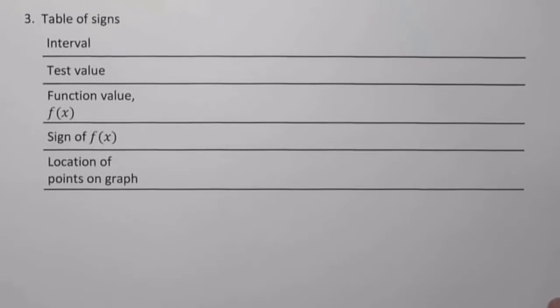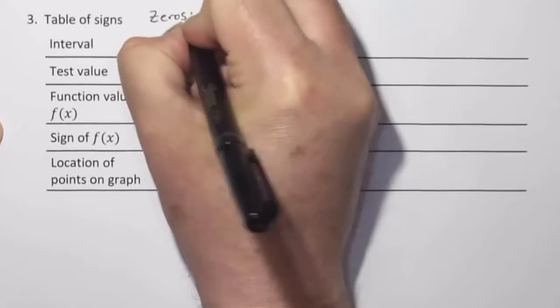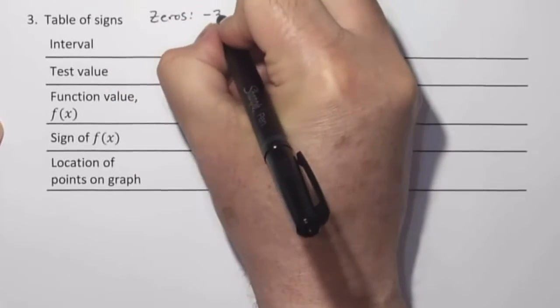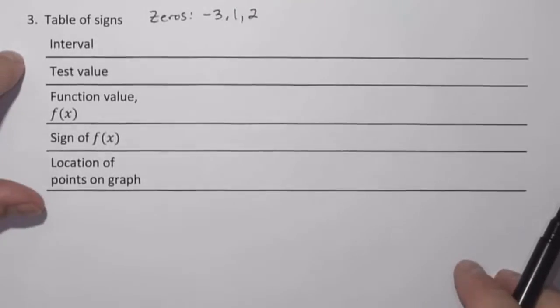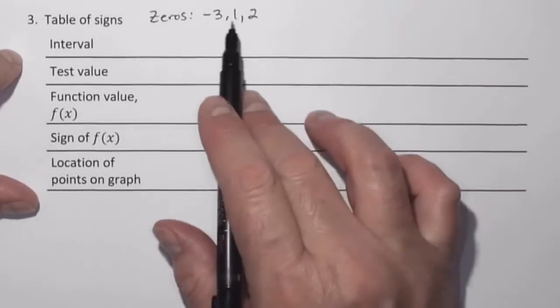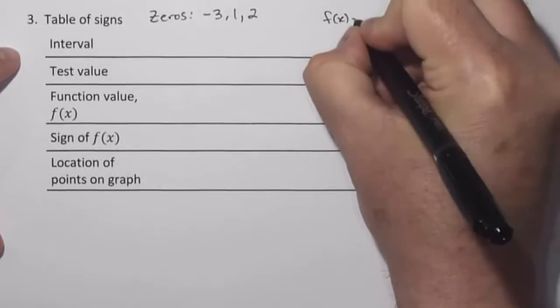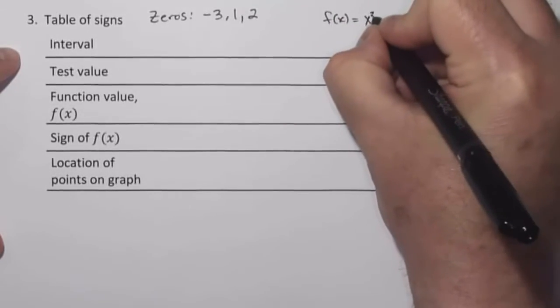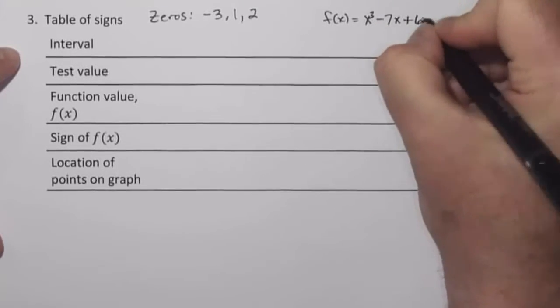So next we're going to create our table of signs. Now remember, we have found that the zeros of our function are -3, 1, and 2, which also gives us the x-intercepts. I've just rearranged them in order from left to right. And remember that our function is f of x equals x cubed minus 7x plus 6.